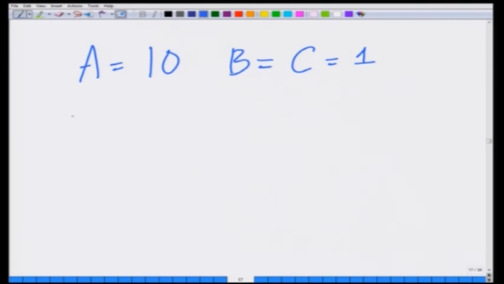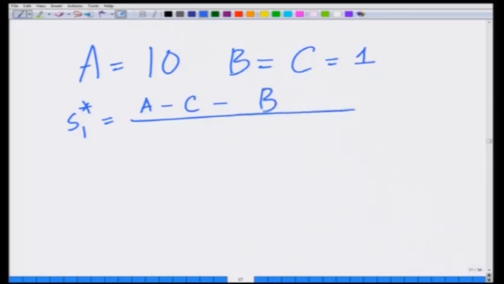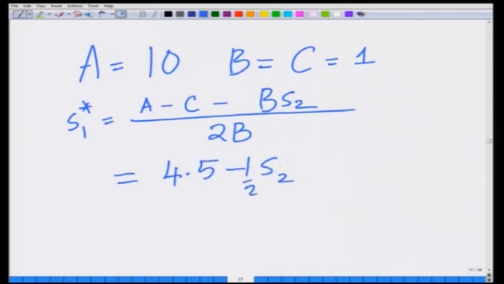Then what we have is S1 star equals A minus C minus B S2, divided by 2B, which gives me basically 4.5 minus half S2.